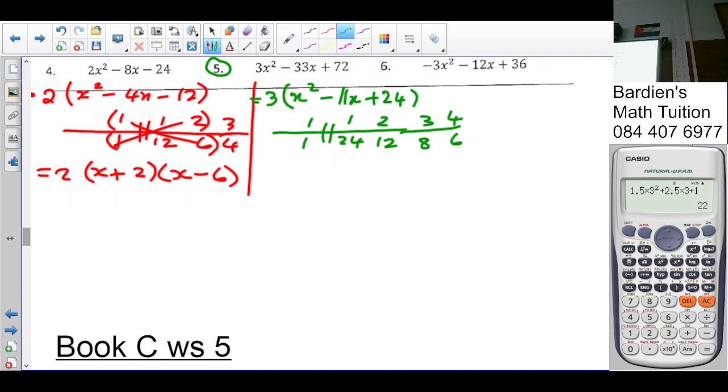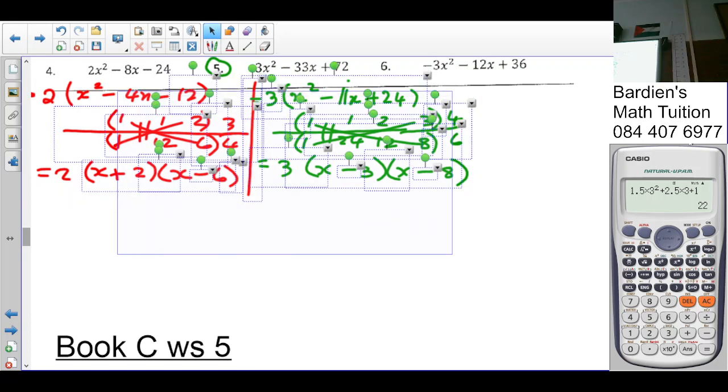We add, since the last term is positive. So it's going to be 8 and 3. 8 plus 3 is 11, and that's what I want. In the brackets goes x and a 3, x and an 8. What about our signs? Same signs. In this case, both are going to be negative.